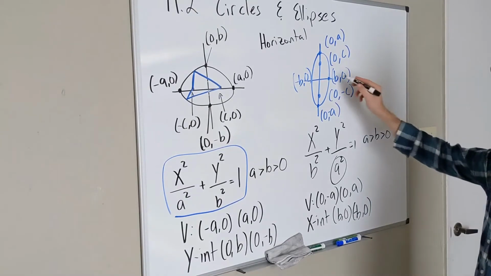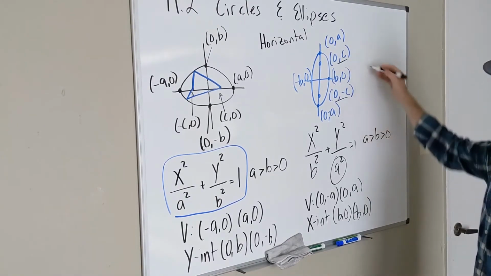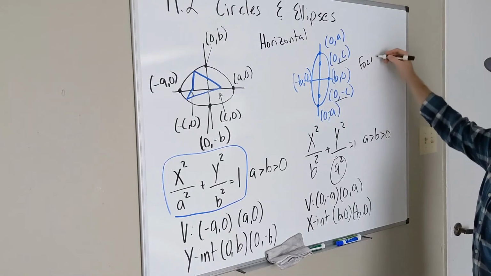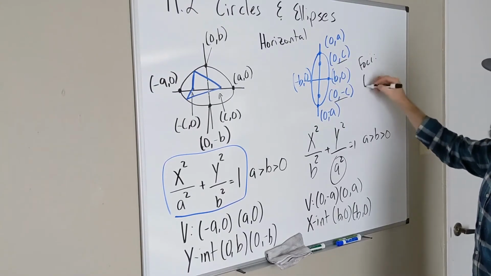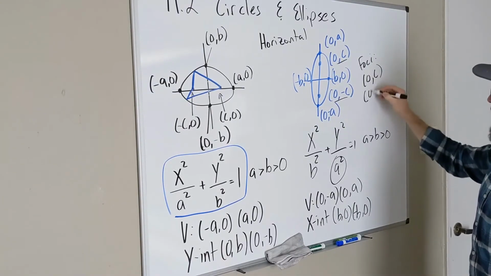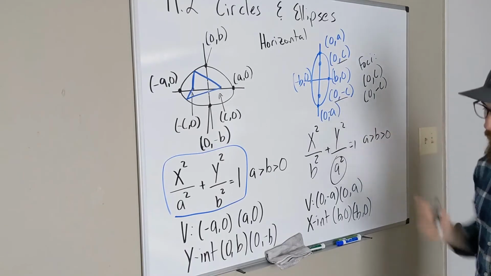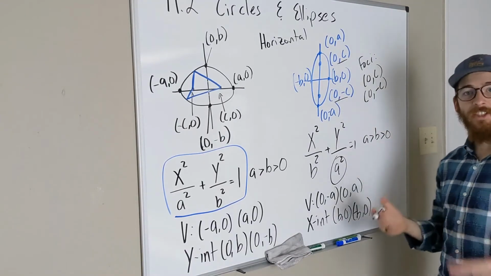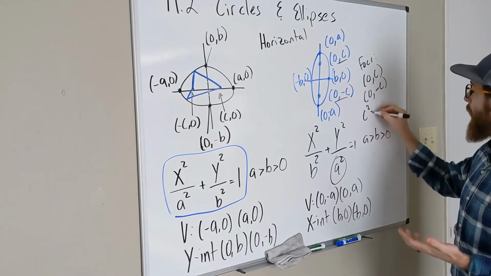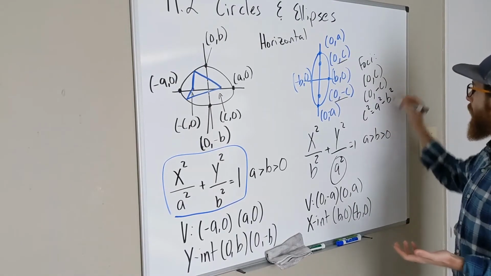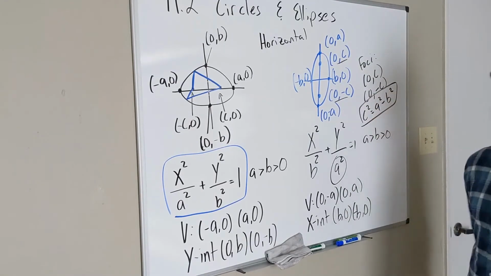And then the foci, these c points, are going to be 0, c, 0, negative c. However, the condition stays the same. c squared is still a squared minus b squared. Okay, that condition doesn't change.